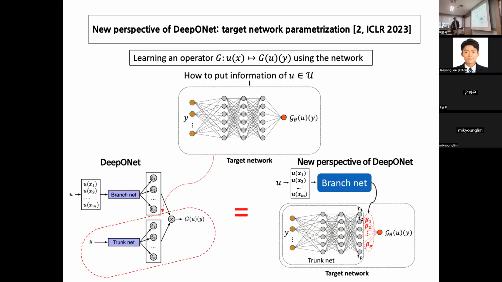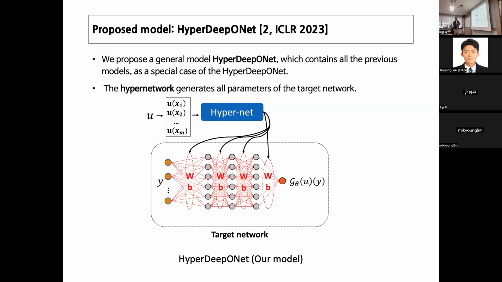Because we showed in our paper that if we use this hypernet to give all the information of the target network parameters, then this hypernetwork can act as information sharing for each layer. So the hypernet makes similar information for each layer, which depends on this u.